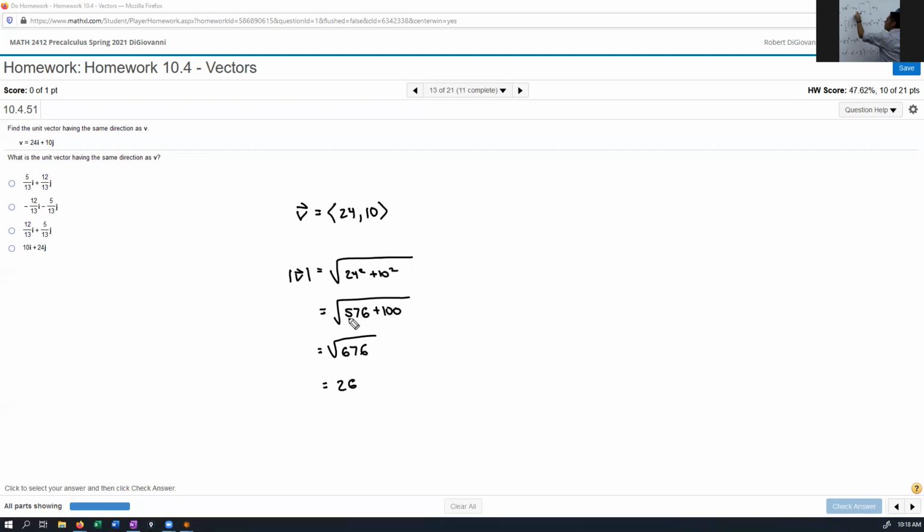Okay, so now to get the vector that is in the same direction as this, but has a length of 1, what we do is just take that vector and divide each of the components by this length, 26. 10 divided by 26. And then we can reduce those because let's see what goes into both of these. 2 goes into that 12 times, 13 times.